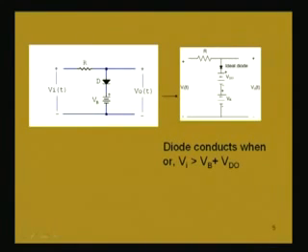Now, in this case, you find out the condition when the diode will be conducting. Vi is sinusoidal, it varies with time up to a peak value, it will be increasing then decreasing to the negative peak and it will continue.